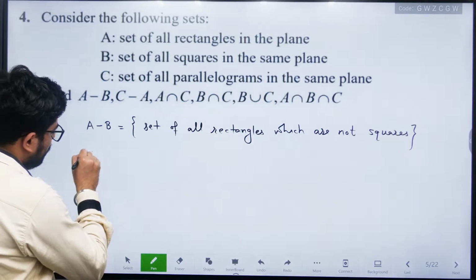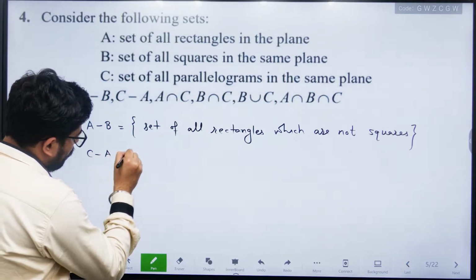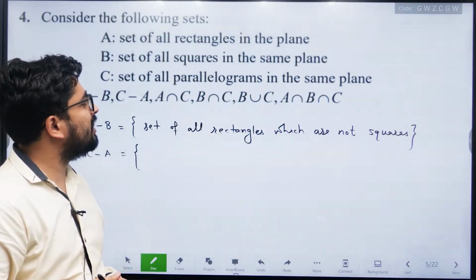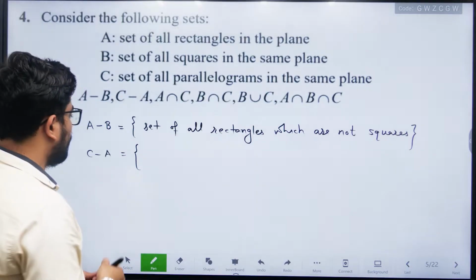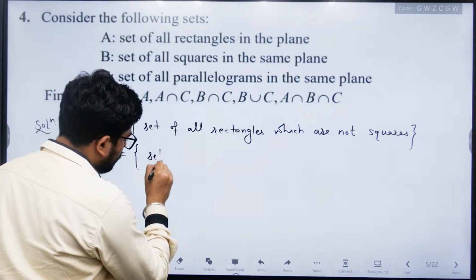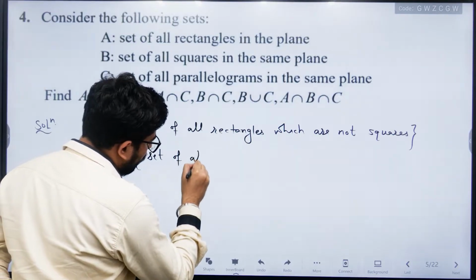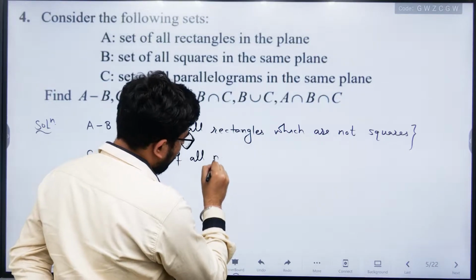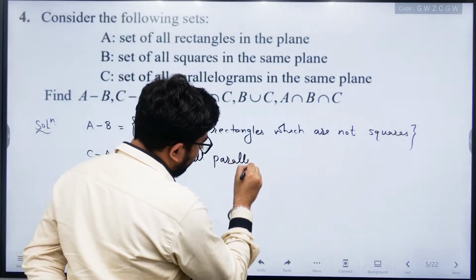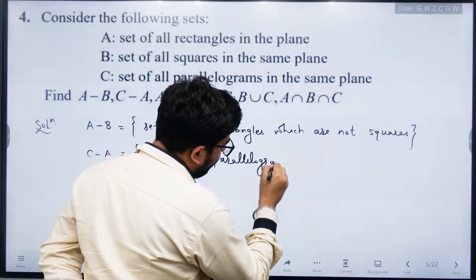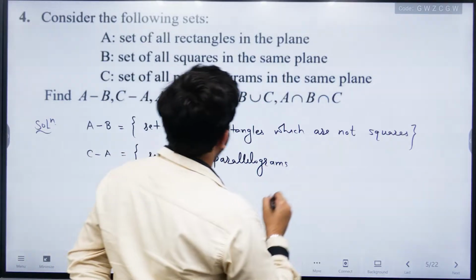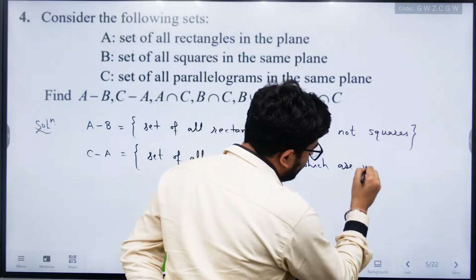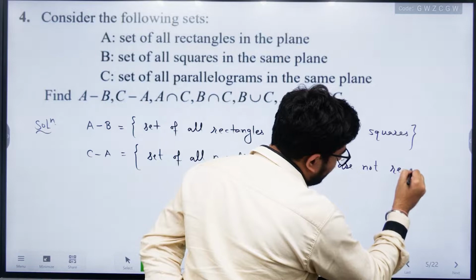C minus A. C minus A means the set of all parallelograms which are not rectangles.